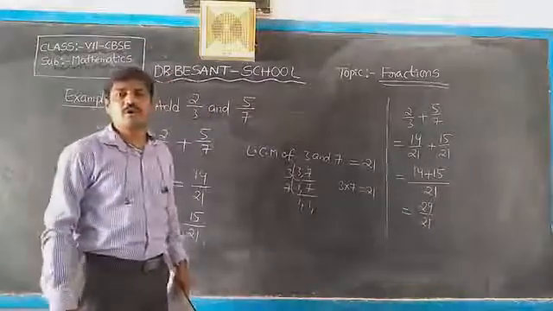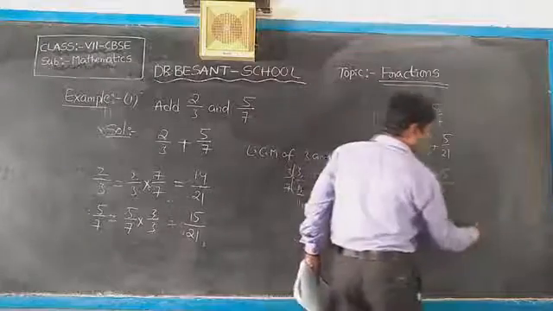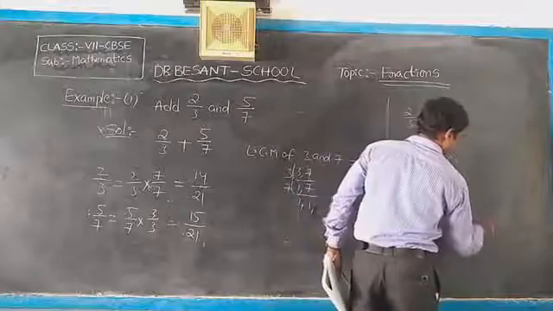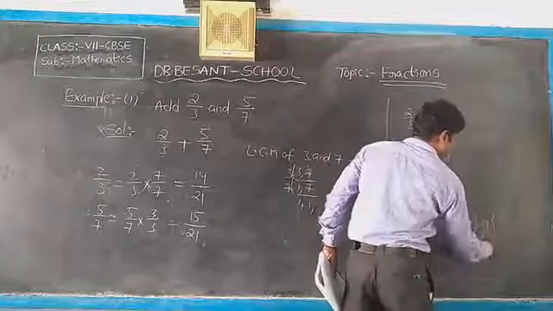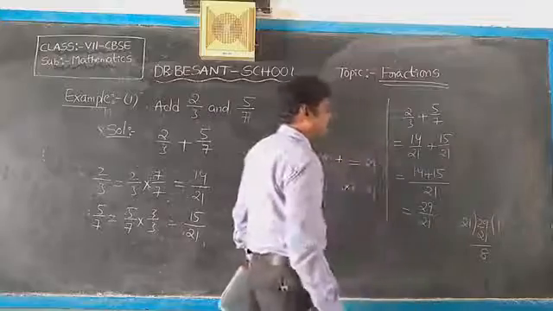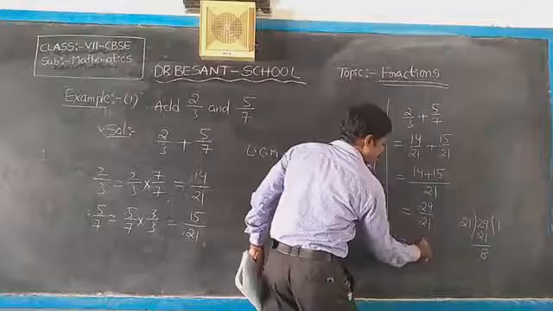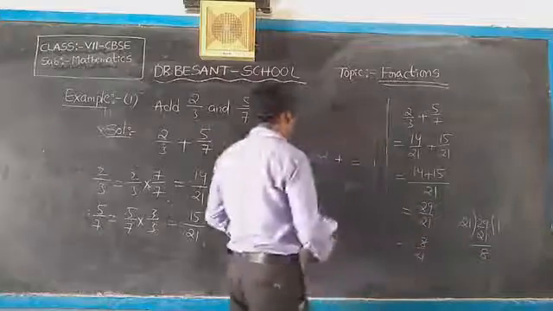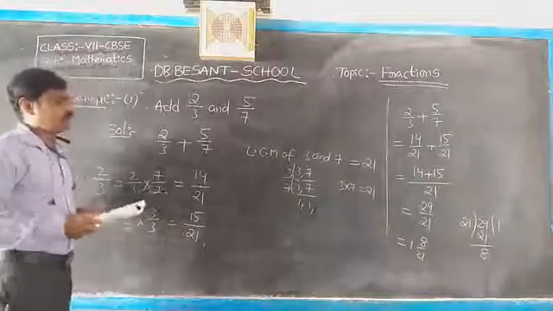We have to convert 29 by 21 into a mixed fraction. 21 ones are 21, remainder 8, so 1 and 8 by 21.